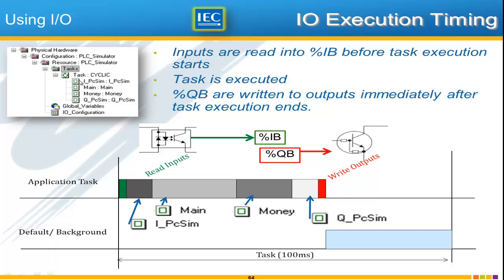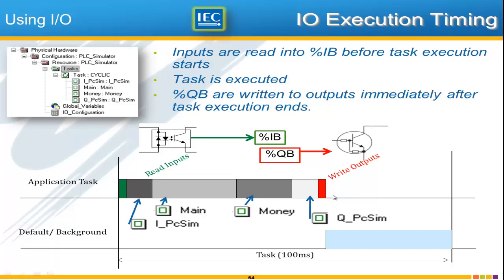Then, in order from top to bottom, each of the POU instances will be executed. Each of those takes some time. It may not be a lot of time, especially with our very simple program, but there's some time taken. The last one now, since we've done it correctly, is QPCSim. That was the task that takes global variables and writes them to physical outputs.